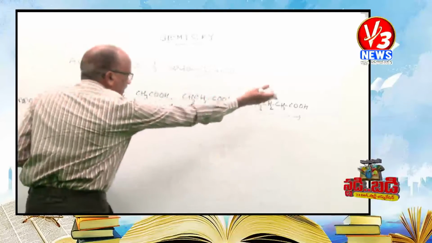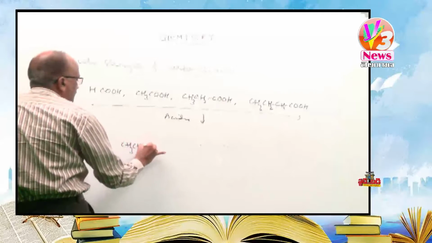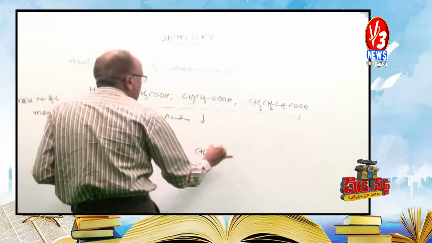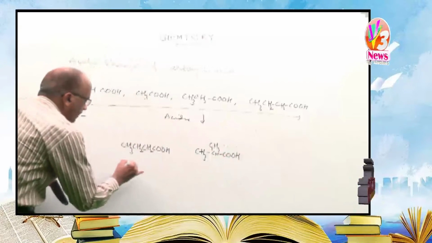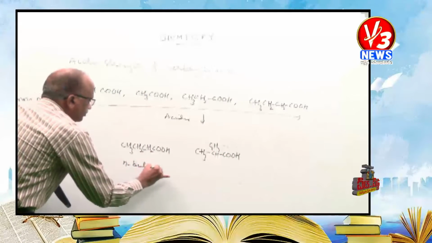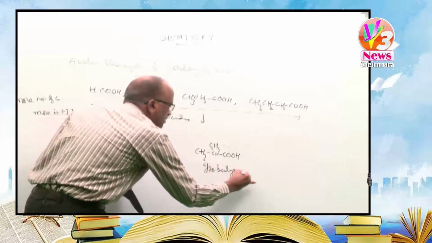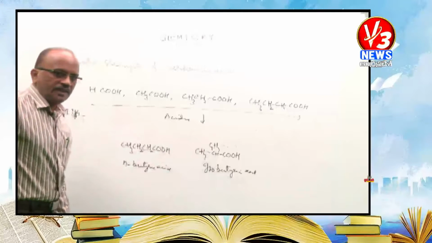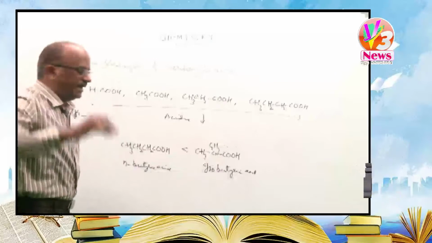We will take some isomers of carboxylic acids, like n-butyric acid, CH3CH2CH2COOH, and isobutyric acid, (CH3)2CHCOOH. This is n-butyric acid. This is isobutyric acid. Here these alkyl groups contain the same number of carbons, but with increase of branching, the plus I effect increases.